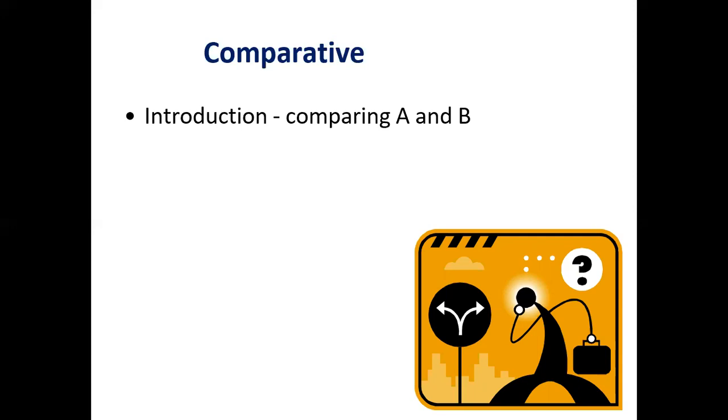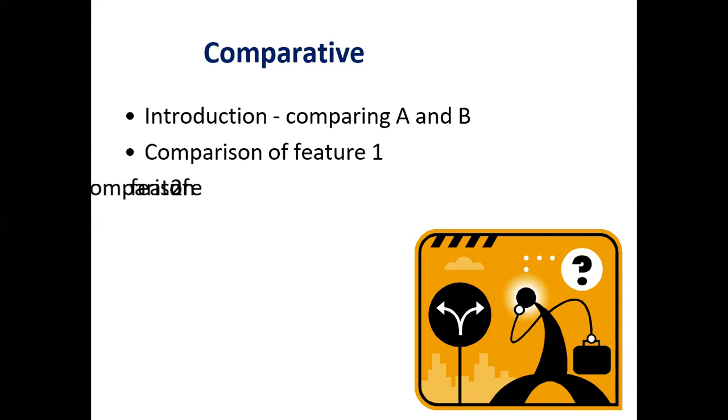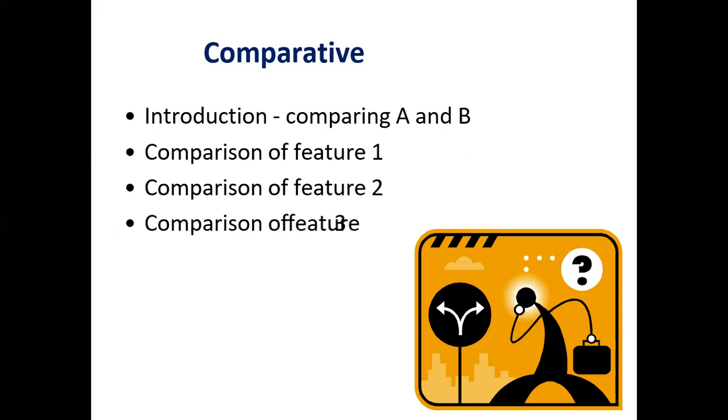Suppose we are going to compare A and B. So first of all, there would be one point which is shared by both, but then we will compare what is that characteristic of A and the same characteristic of B. Then another feature will be compared for both A and B, and then another, and another. And then in the end, all these features compared in between would be summarized.